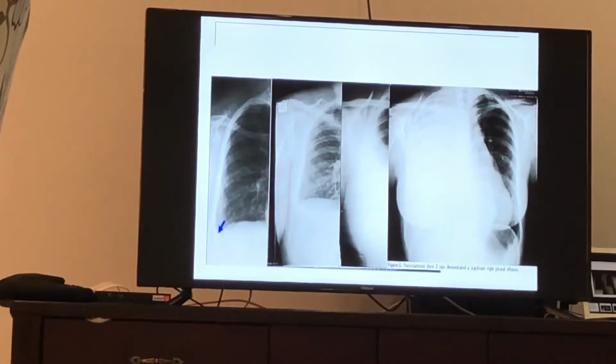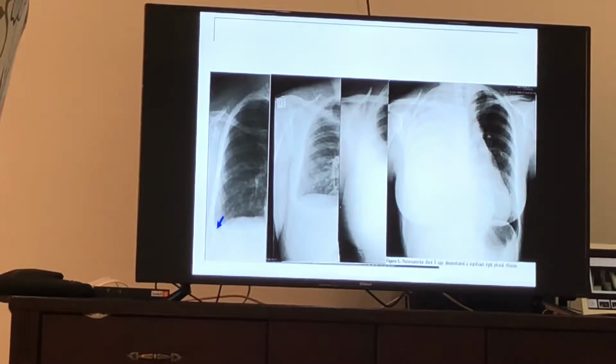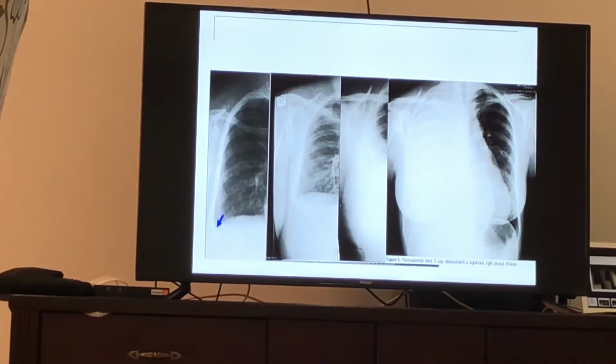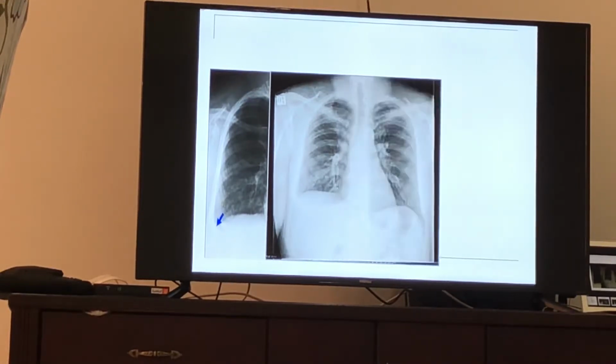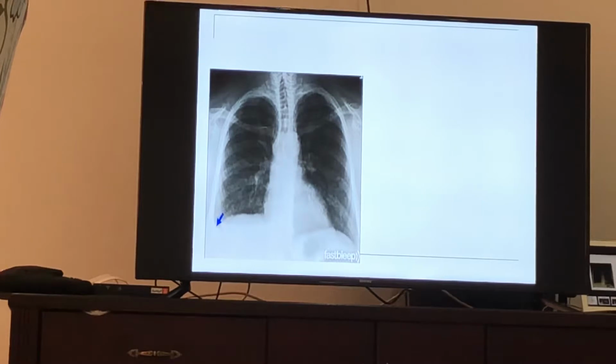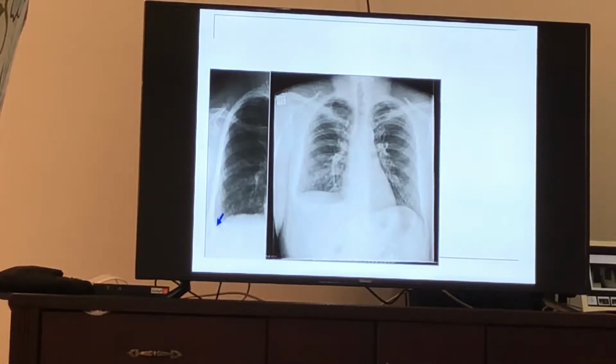And massive necessitates drainage in either definition. So what you're looking for is bypassing the second rib, we call it massive, or any amount that's causing mediastinal shift. Obliteration of the costophrenic angle, subpulmonic effusion.